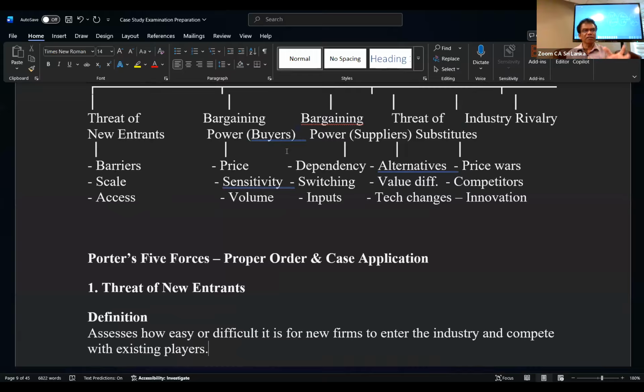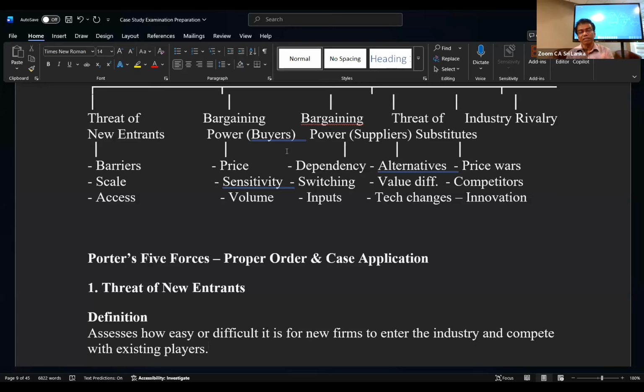First you have to think whether newcomers can immediately enter the market because of your move. Depending on that, the other powers will come. If more competitors immediately enter, then the bargaining power of buyers is very high, because they can switch to another and demand low prices and various things.